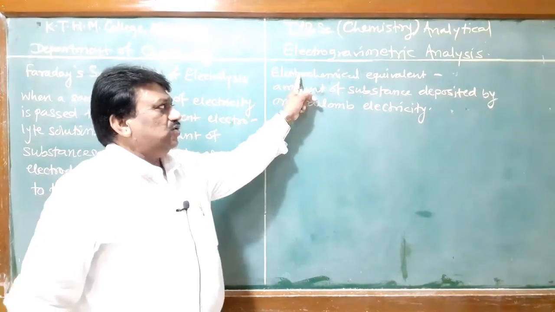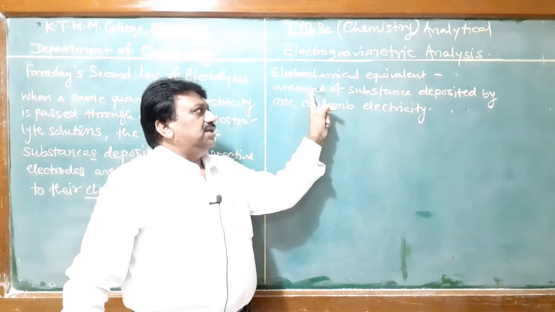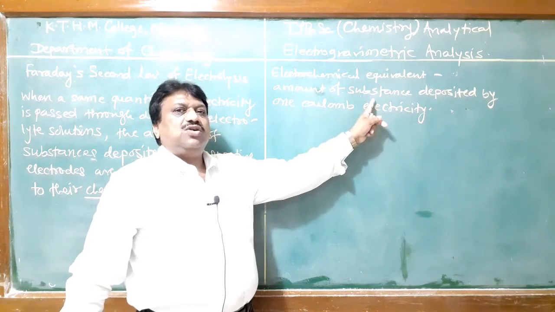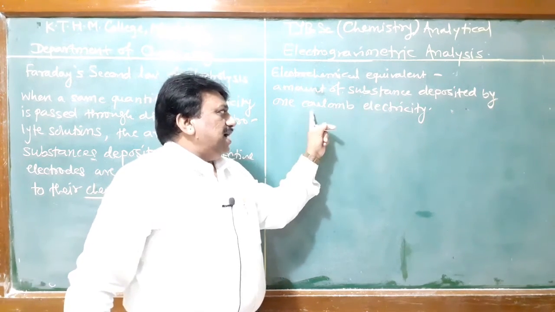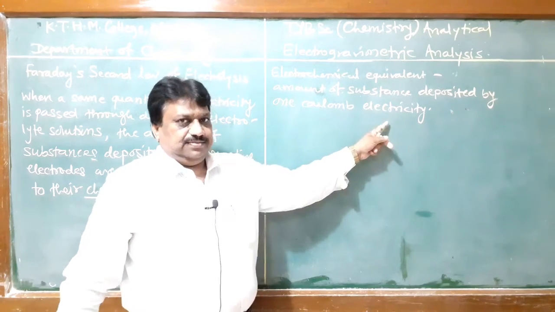Therefore, electrochemical equivalent is the amount of substance liberated or deposited by 1 coulomb of electricity.